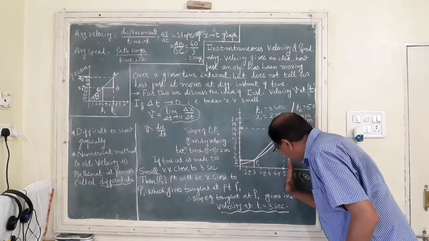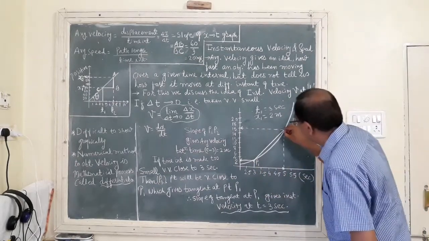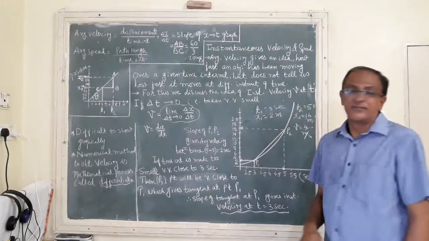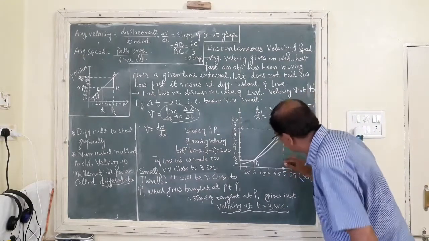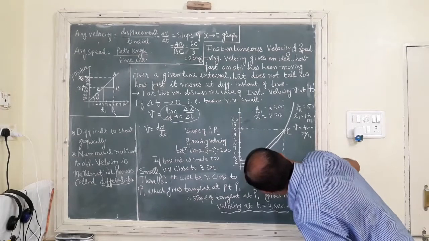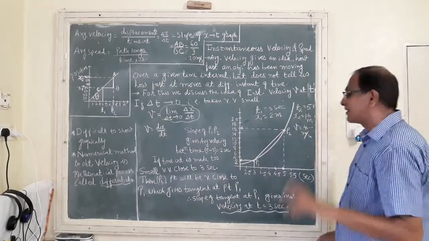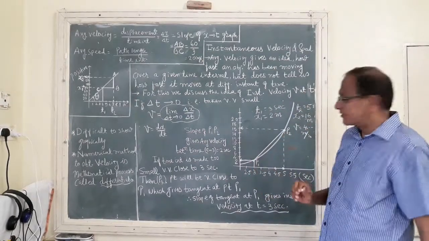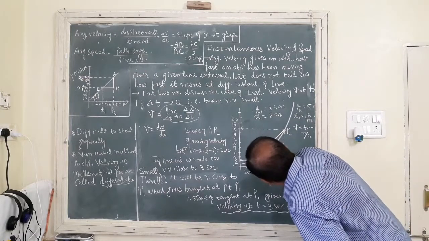Now if you go on reducing this time interval, then this point P2 will come very close to P1. If you are reducing the time interval because you want the value at a particular instant of time, then this time interval should be reduced. So this P2 will fall very close to P1.